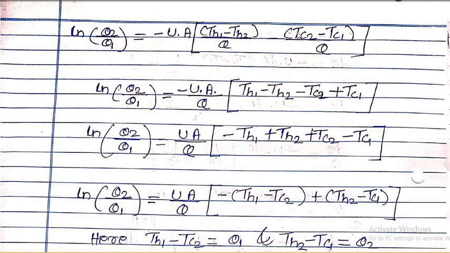As this negative sign is applied to the bracket, Tc2 becomes minus Tc2 and minus Tc1 becomes plus Tc1. Now in the next equation we have taken this negative sign inside the bracket, so the terms inside the bracket become minus Th1, plus Th2, plus Tc2, and minus Tc1.